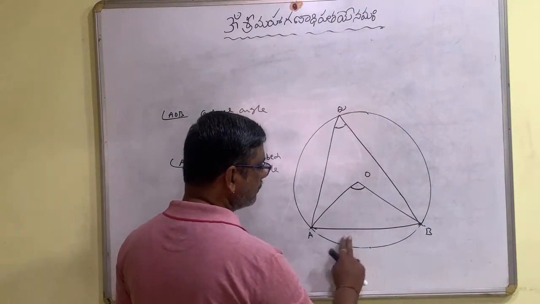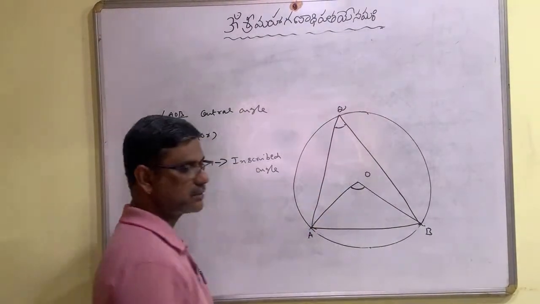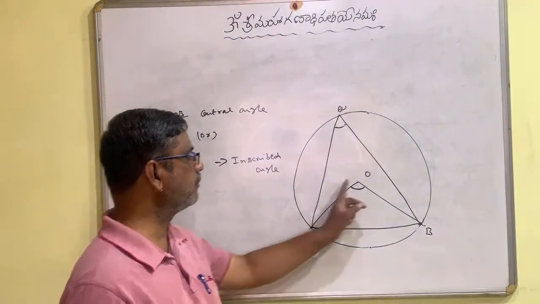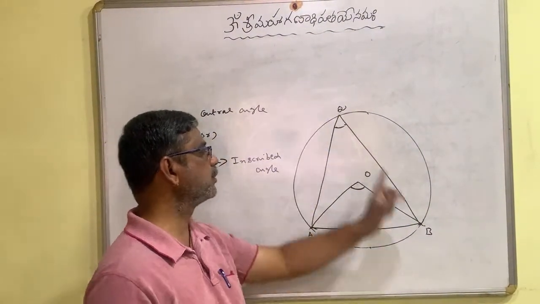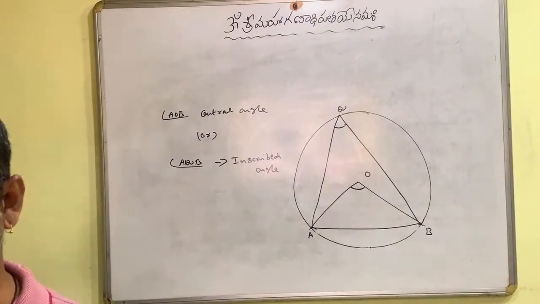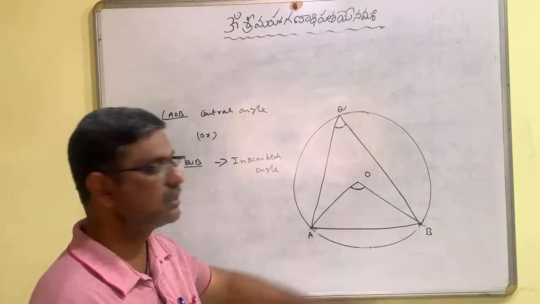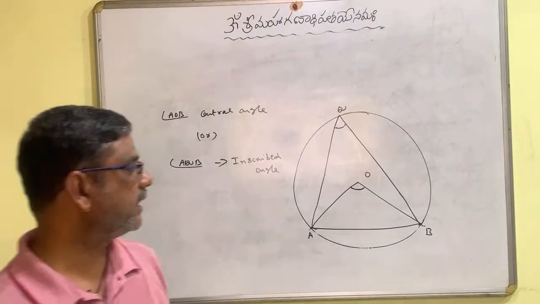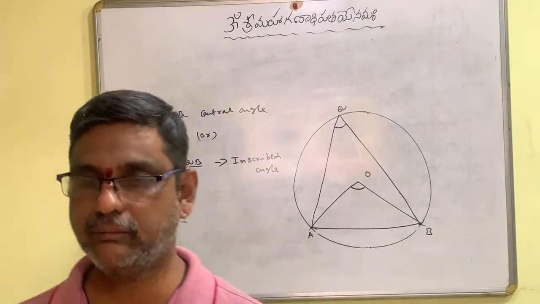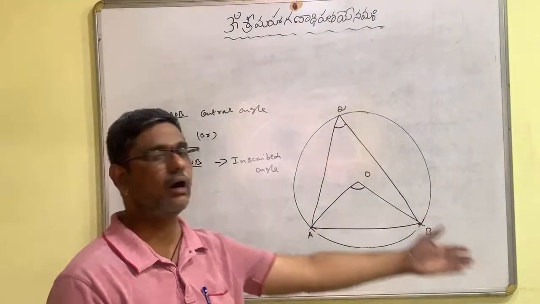This is what we call the minor segment and this is what we call the major segment. But one angle is at the center and the other angle is at a point on the circle, and both are subtended by the same chord.